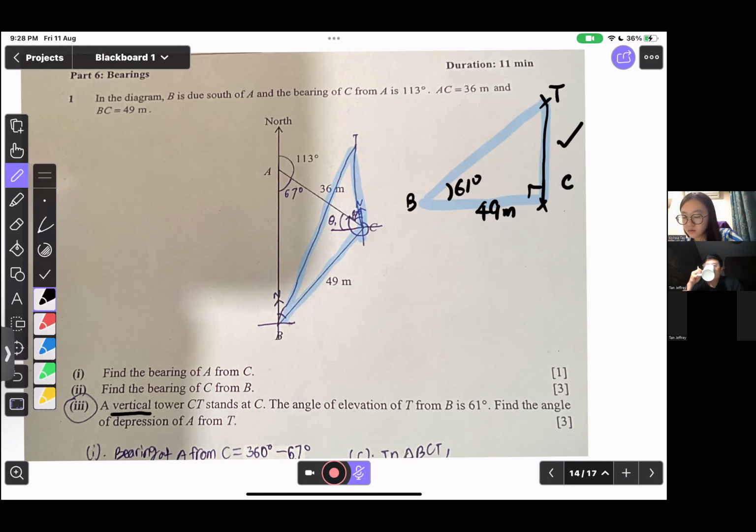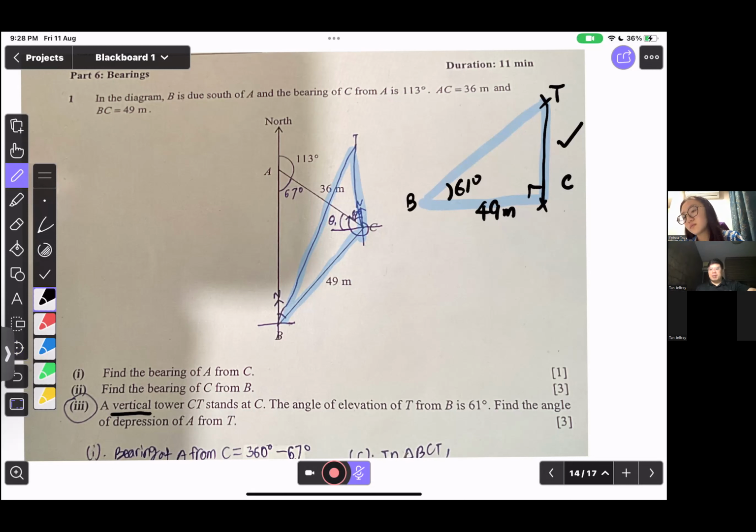But if you look according to the bearings, CTB isn't a right angle triangle. Remember the T is vertical, so it's three-dimensional. It's poking out of the paper. Can you see it?